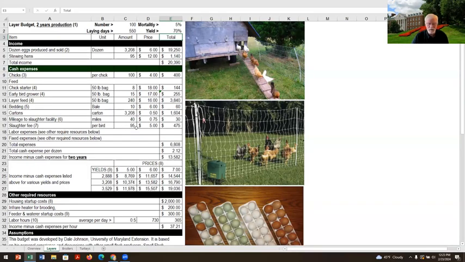I've got my slaughter fee in here. I've got 95 hens after that 5% mortality, and $5 a bird as a slaughtering fee, maybe more than that. I doubt that it's much less than that. Usually what you're looking for is somebody who will slaughter the hen and put it in a shrink wrapped bag.